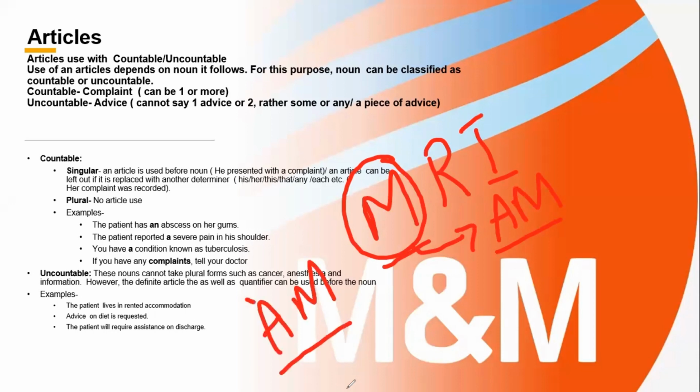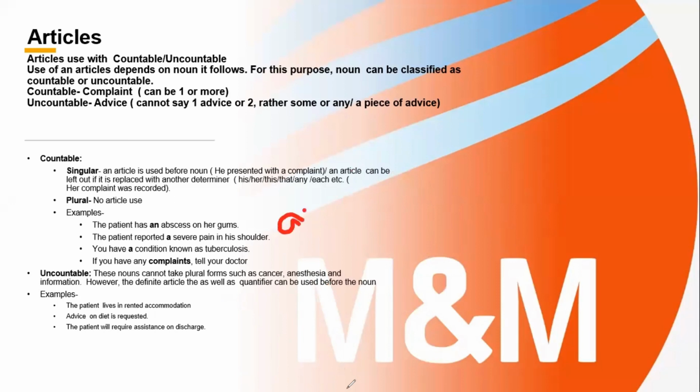So if it's giving the sound of a vowel, we can use an before that. Similarly, X-ray is not spelled like that, I have written the sound over here, so we use an with that. So we have to use an if it's singular and gives you a vowel sound, right? Is it clear to you?